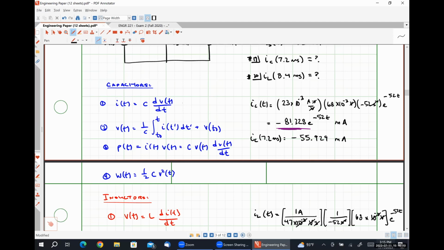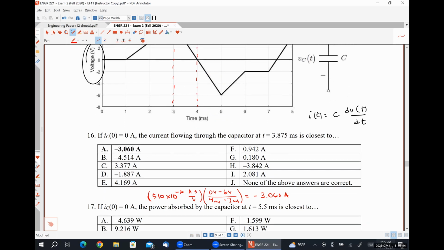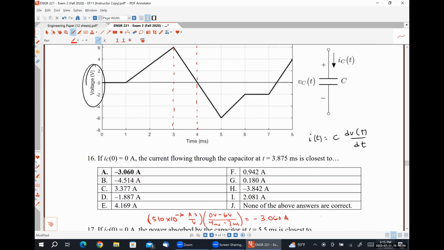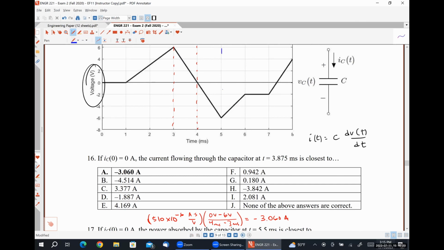How I generally would approach this one is I would find the current at T is equal to 5.5 milliseconds, which means I'm looking for the slope over this interval. So the slope of this line, multiply it by 510 microfarads, and then multiply it by the voltage, which appears to be negative 4 volts.